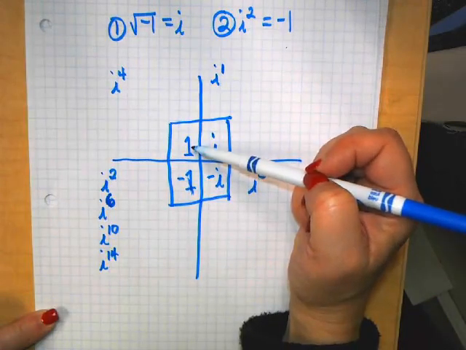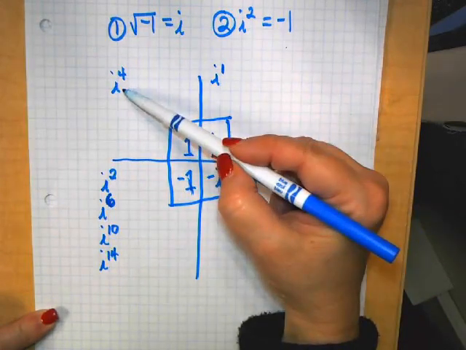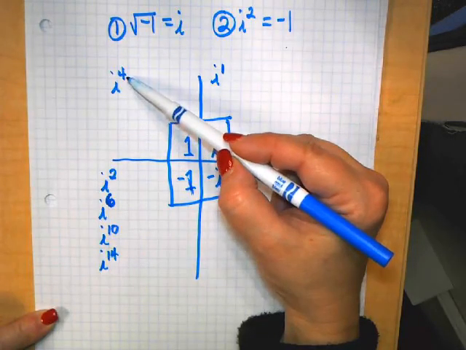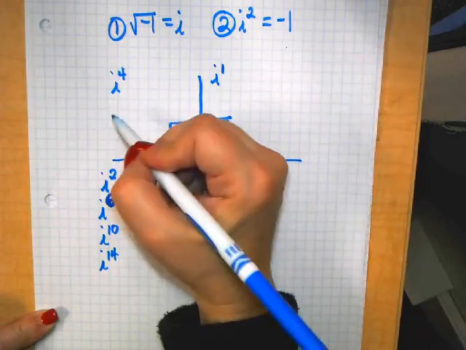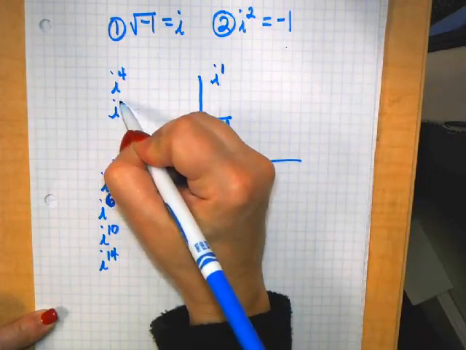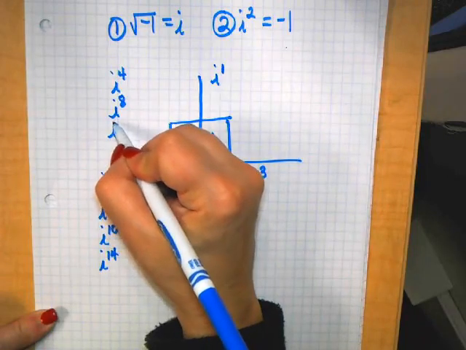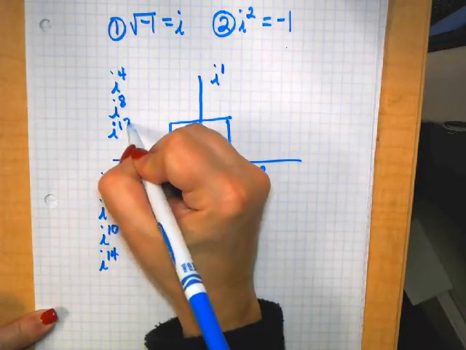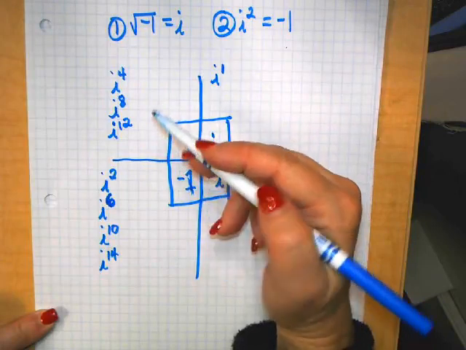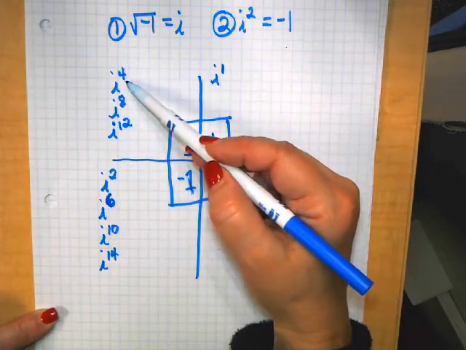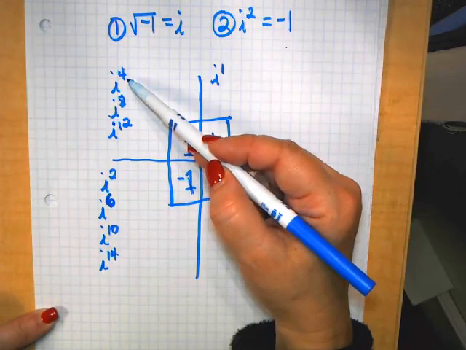In order to get +1, like we said, the first time you get +1 as a result is when you raise i to the power of 4. The next time is when you raise i to the power of 8, and then also i to the 12th. You can see that this pattern is very similar, it's just that it starts with i to the 4th.